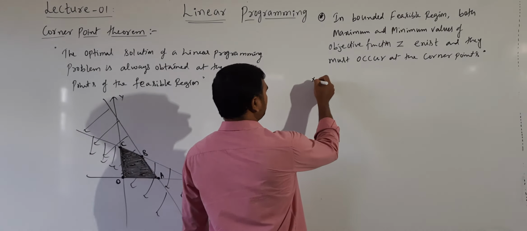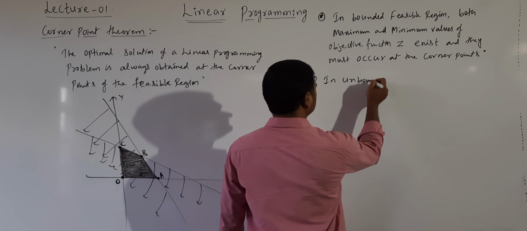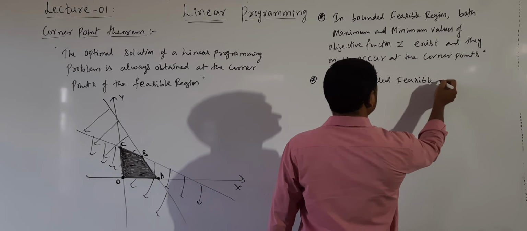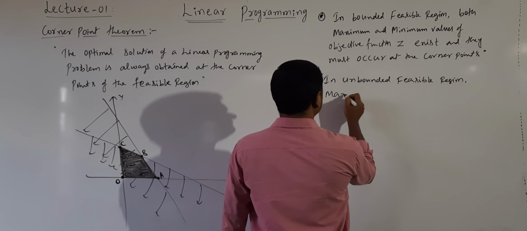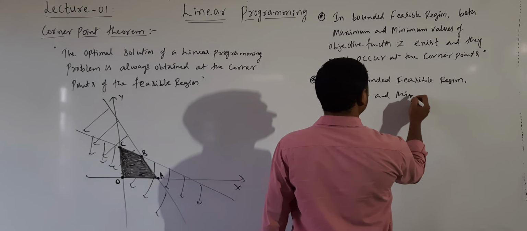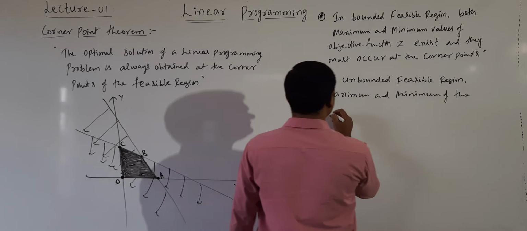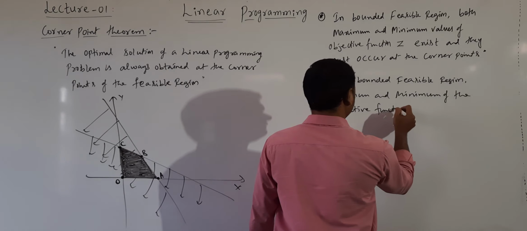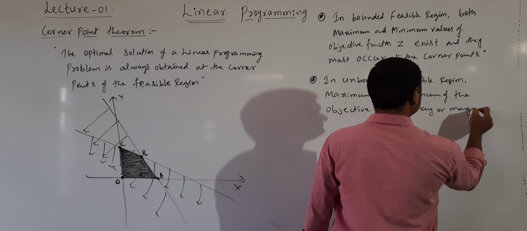If it is an unbounded feasible region, the maximum and minimum of the objective function may or may not exist.